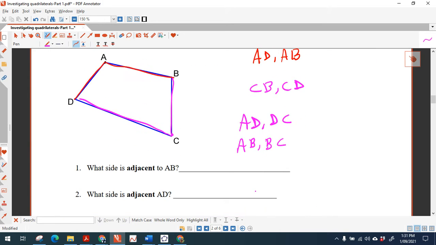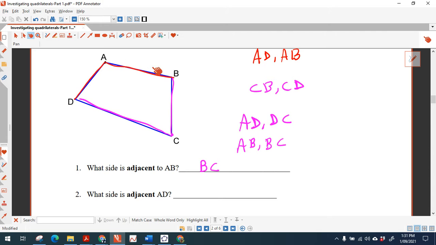So what side is adjacent to AB? Well, we wrote that down already. That's BC. What side is adjacent to AD? Actually, we've got a few we could write, couldn't we?